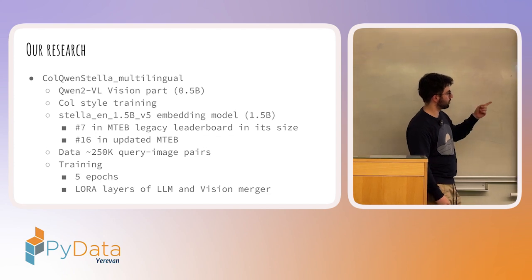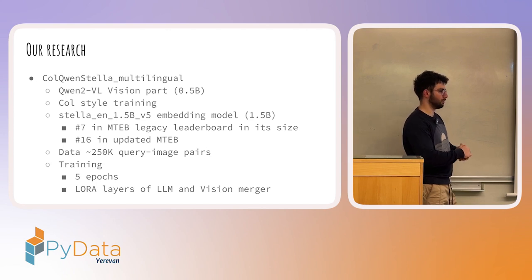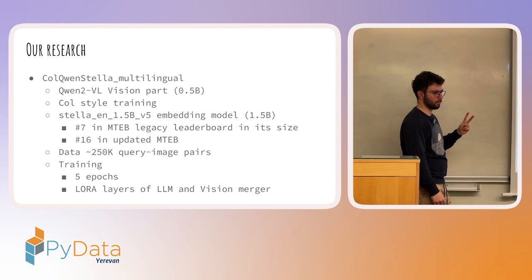So we took the vision part from Qwen 2 VL. We took the Stella embedding, which is 1.5 billion. So altogether it is a 2 billion model, 1 billion less than the last one. And we chose Stella because it was a good model in the embedding leaderboards. So in the legacy tab, it is the 7th place, which, actually I have a mistake there, in each size it's the number 1 or number 2 model.